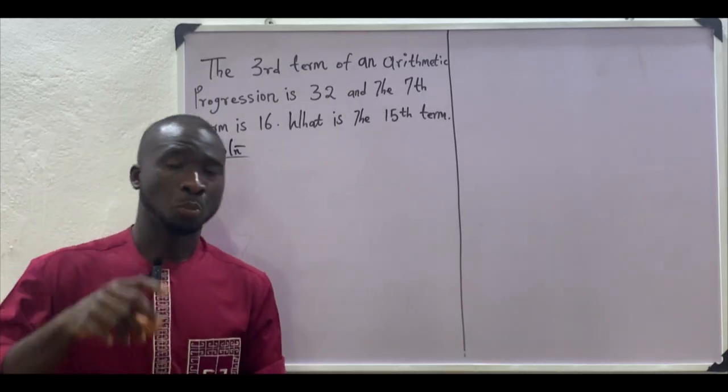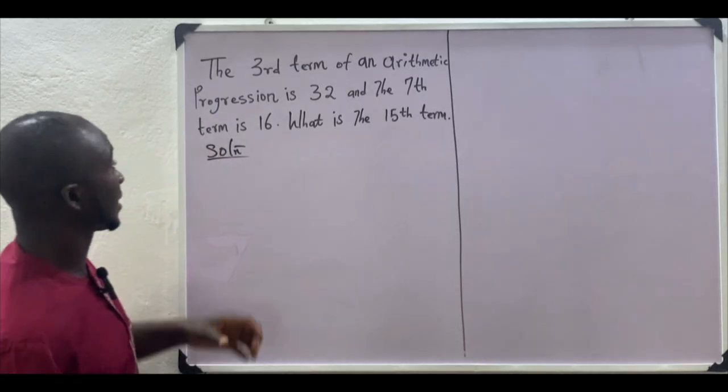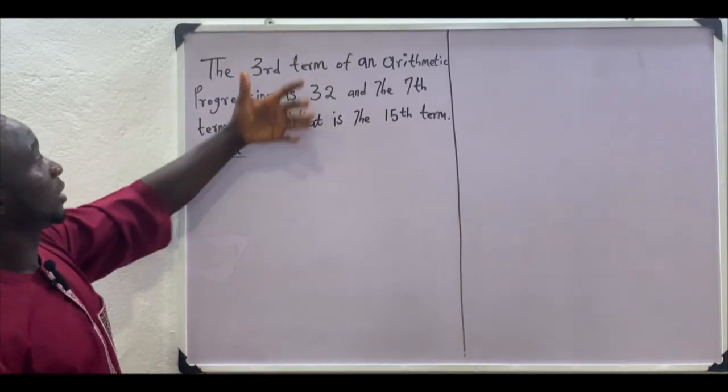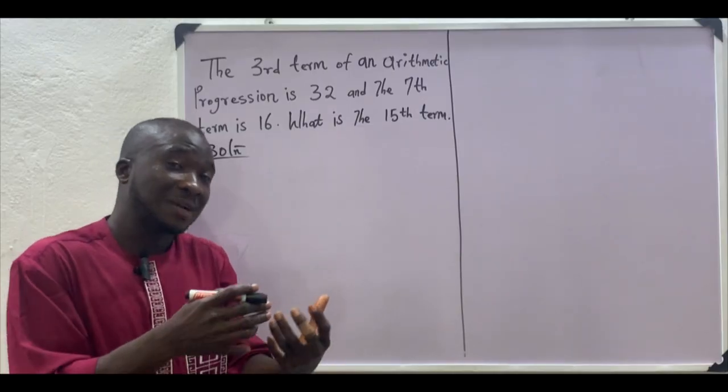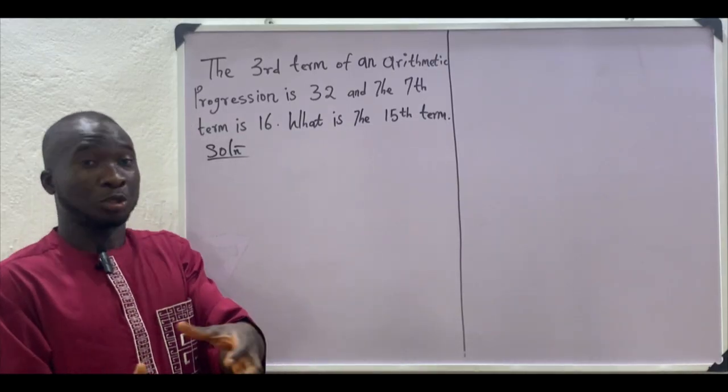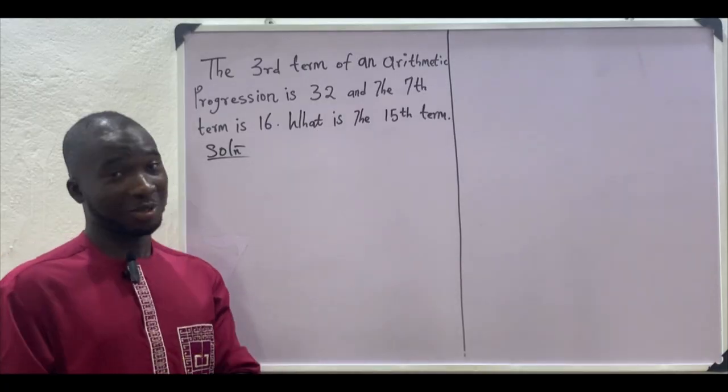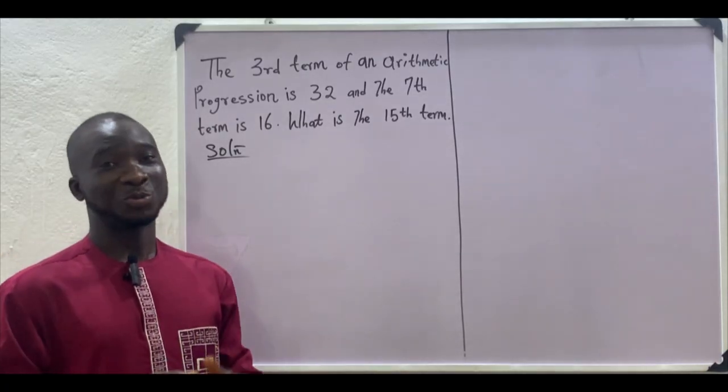So here, suppose we let the first term of this sequence be a, and the number that will be added to the first term to obtain the second term, or to the second term to obtain the third term, which we call the common difference, be d.